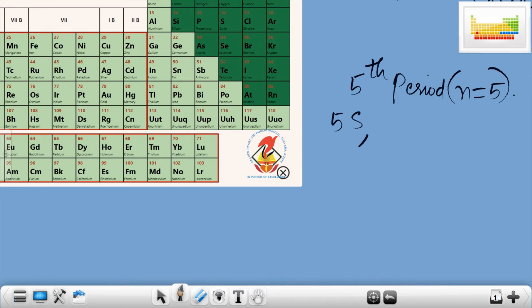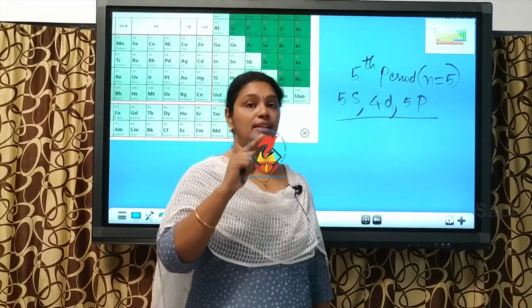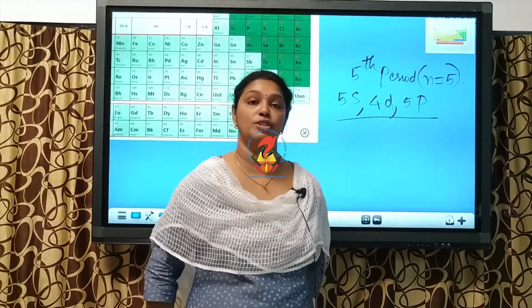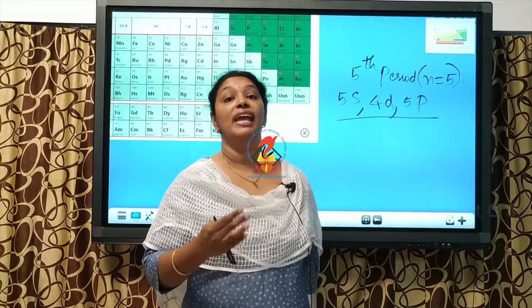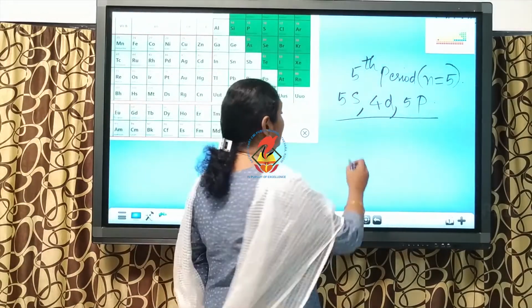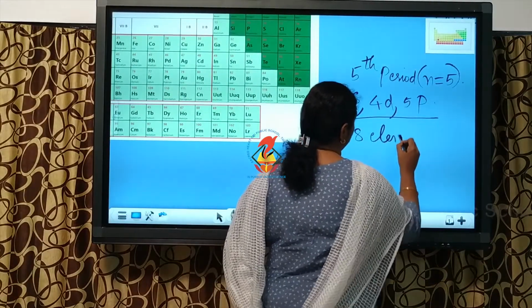Now after 5s we have 4d orbitals getting filled, and after 4d we have 5p orbitals getting filled. So again you can see here total how many elements can be placed. 5s can place 2 electrons, 4d 10 and 5p 6. So total 10 plus 6 plus 2, again we have 18 elements in fifth period.